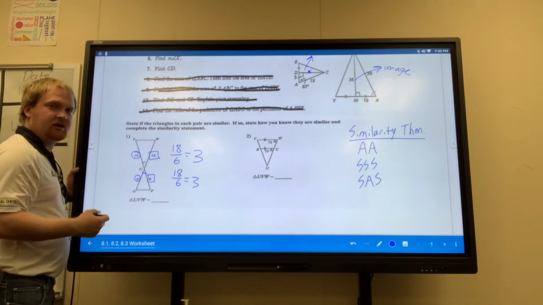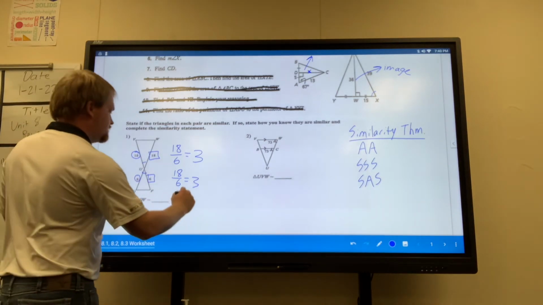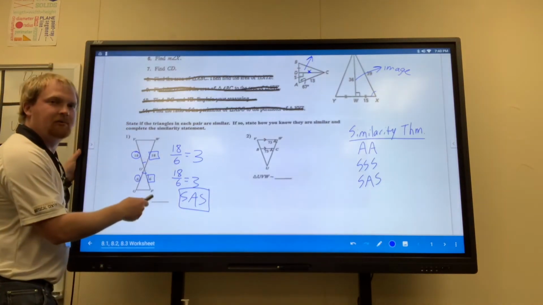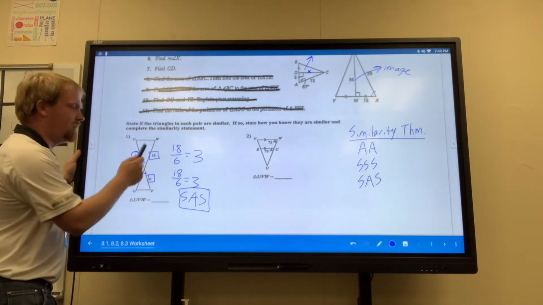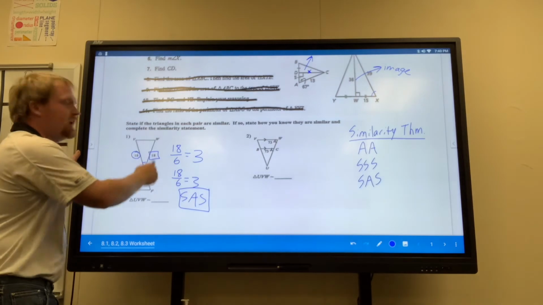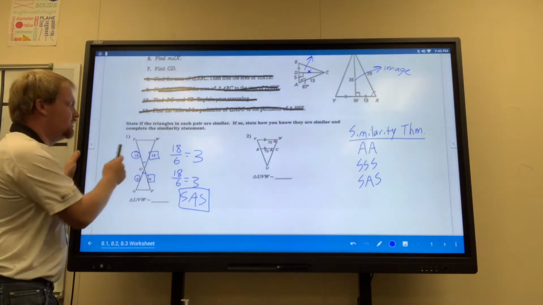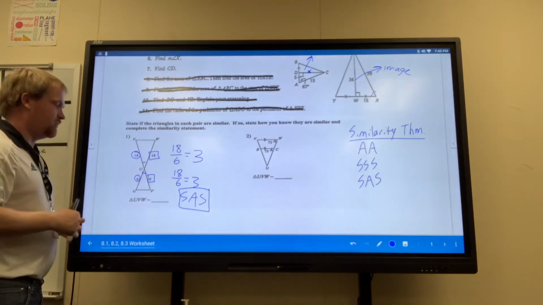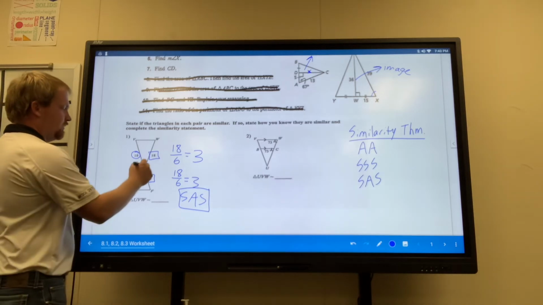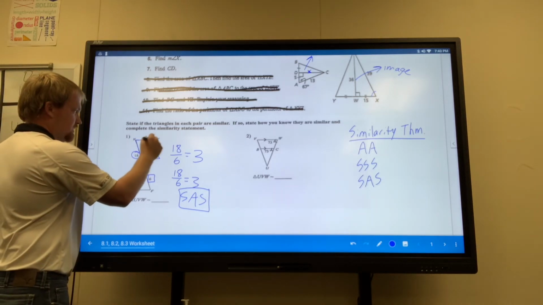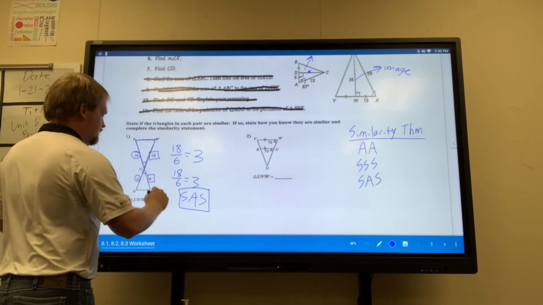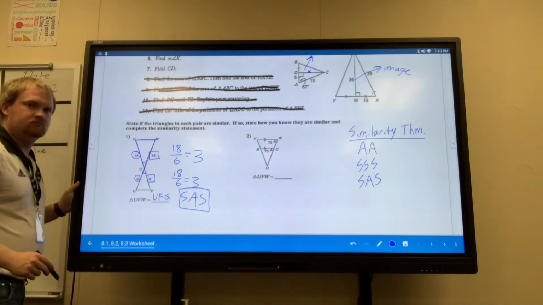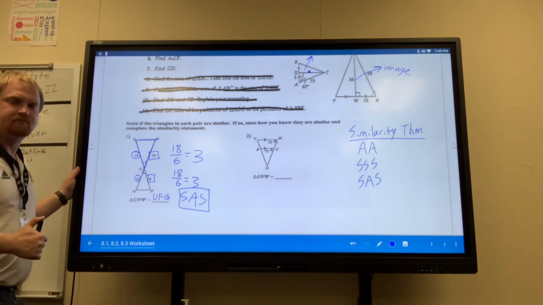Because we have this, we have side, angle, side. That's how we figure out how they're similar. Based on side, angle, side, I'm able to say number 1 is similar. But what's the statement? If I'm going from U to V to W, I'm going to say from U to F to G. And that's my statement right there.